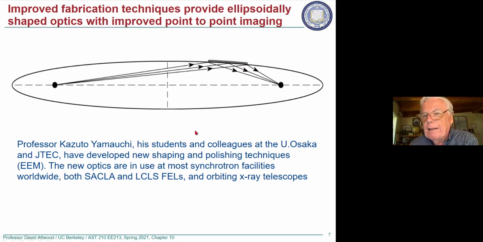So that group at Osaka under Yamauchi-san started a company called JTEC, and basically all the synchrotrons and all of the FELs around the world, if they want to have the best focus or the best collimation, they go to JTEC and buy an optic.